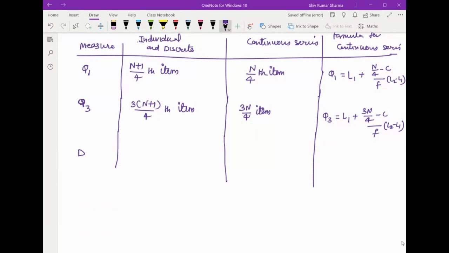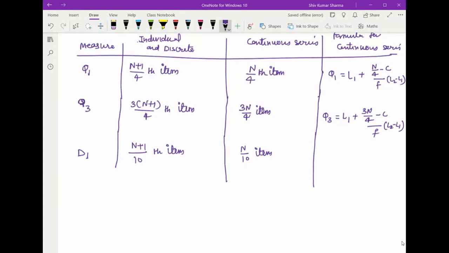We write for decile. So how to calculate decile D1? While calculating D1, we use the formula (n plus 1) upon 10th item, here n upon 10th item.